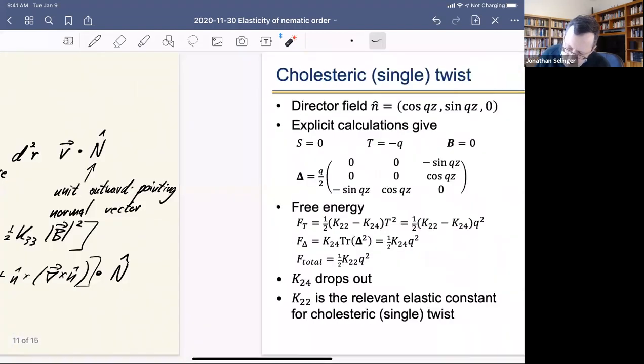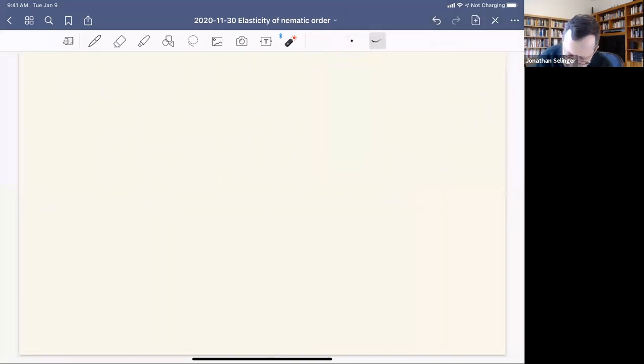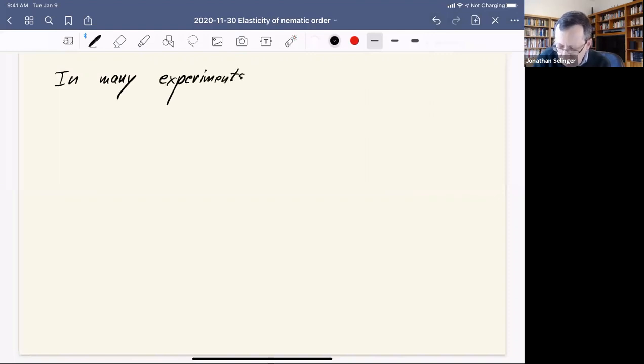Now, in many experiments, maybe even in most experiments, the n is fixed at the boundary.